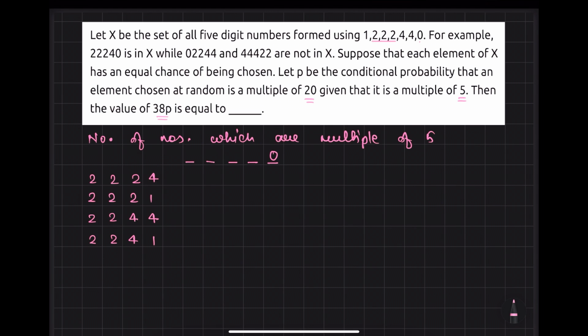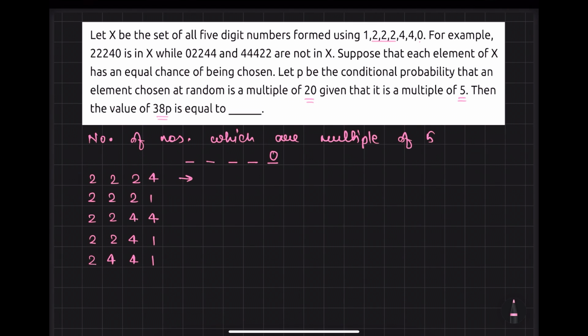So this time we have used 2 two times. Now I will be using 2 once. If 2 is used once, you have to use 4 twice and 1 once. So this is the number of cases. Now let's find the number of numbers.